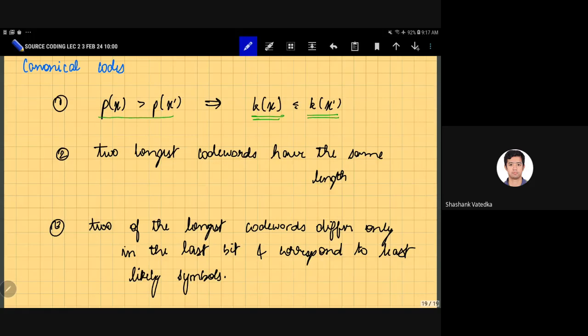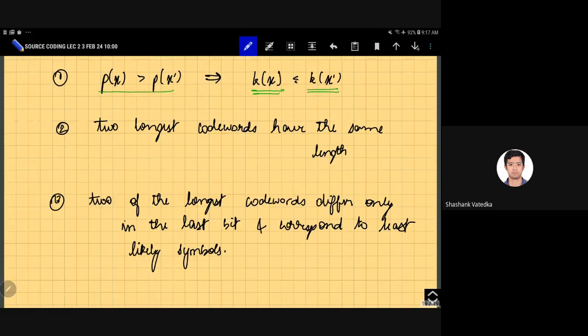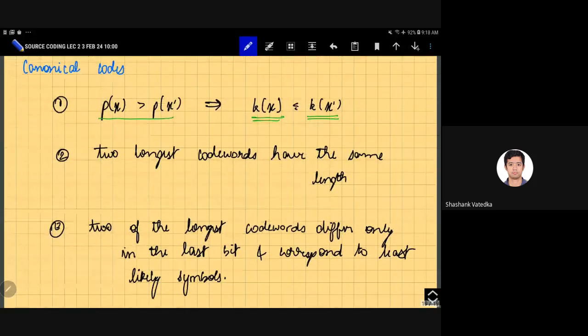And this is what you would want in a good prefix-free code. In addition to this, we have two other properties. If you write down the code words in increasing order of code word length, then the two longest code words will always have the same code word length. So that's the second property.